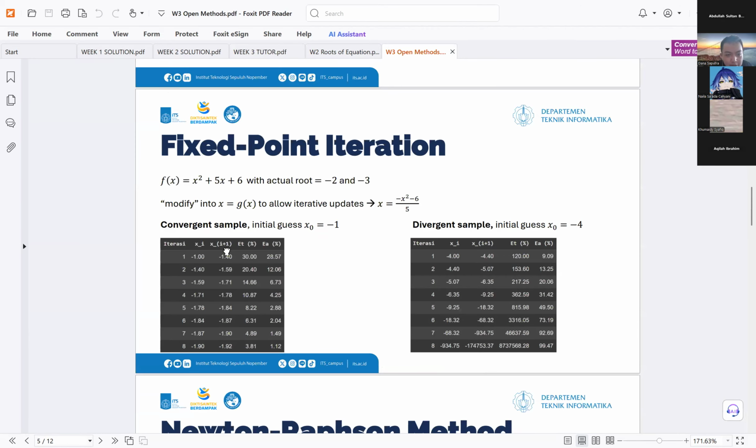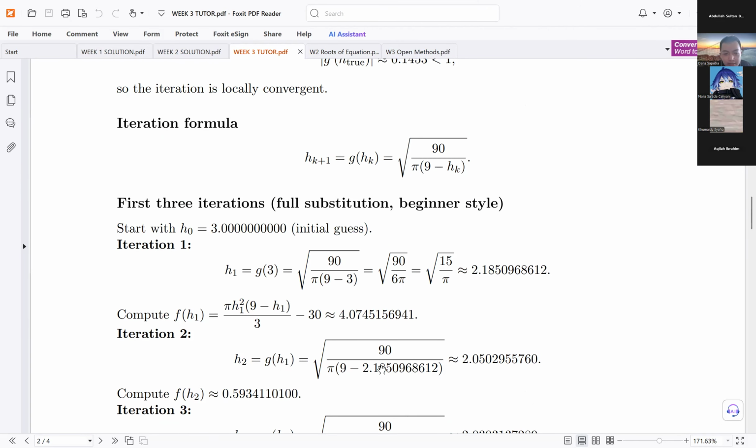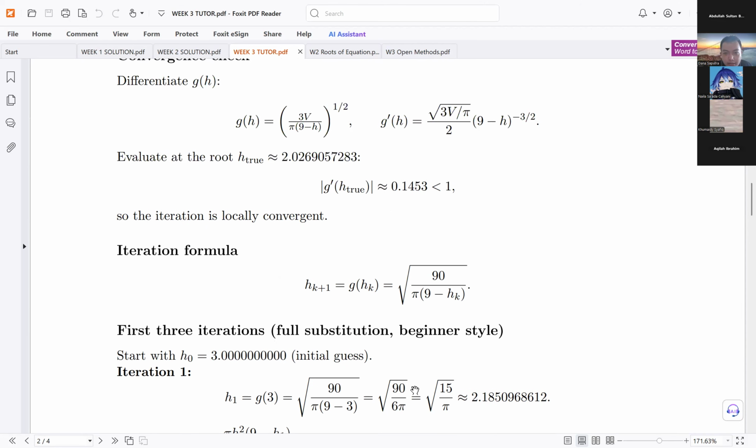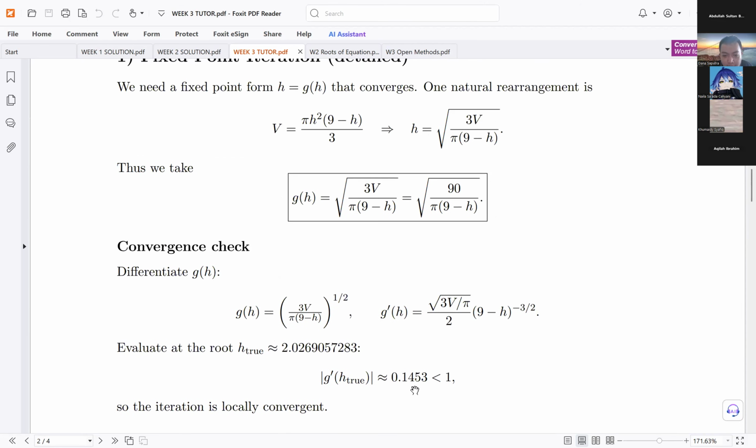We use the previous result as x in the next iteration, so we use 2.18 in the second iteration, substituted for h.